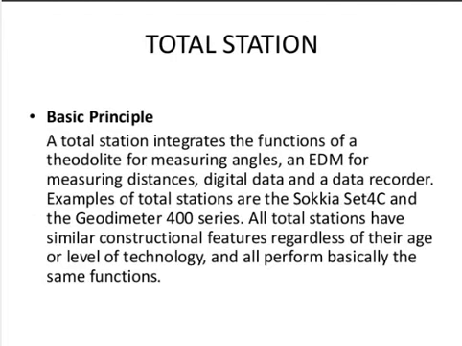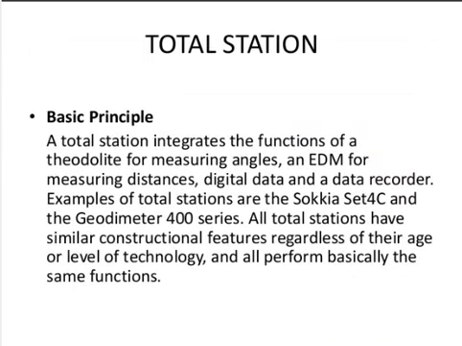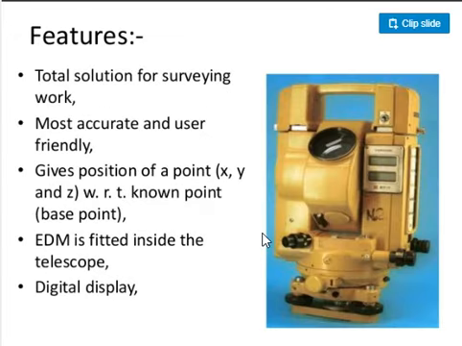Then you have the total station. The total station is a combination of EDM and the digital level. From the EDM you calculate the distances. The total station works on the principle of coordinate geometry, where x, y points are taken into consideration, and we can lay out the entire plan, entire contours.